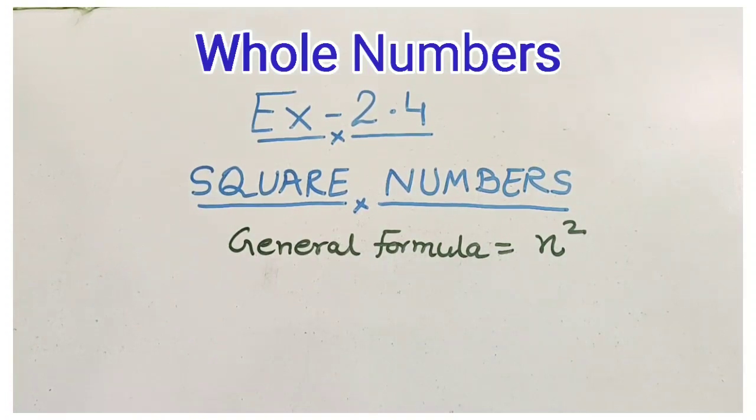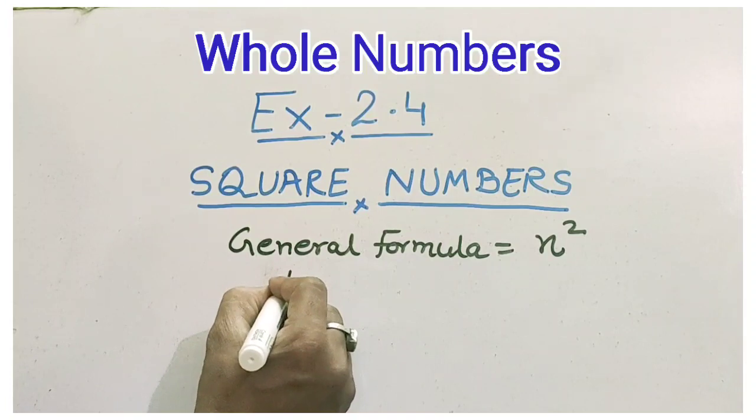As we know, in a square all sides are equal. If one side is 2 units, the breadth will also be 2 units. In the previous class you found the area of the square, that is side into side, which is side square. From there you can remember the general formula is n square.